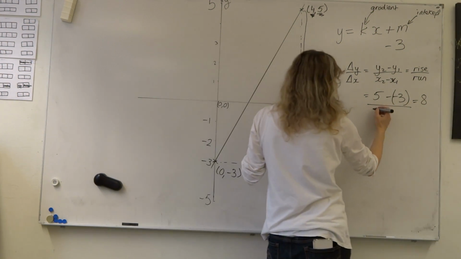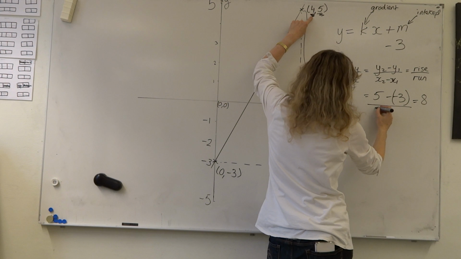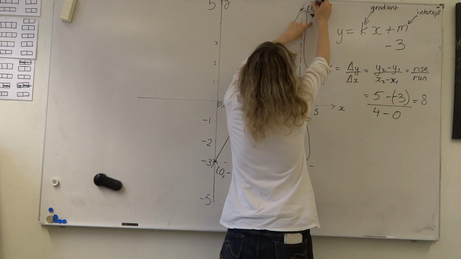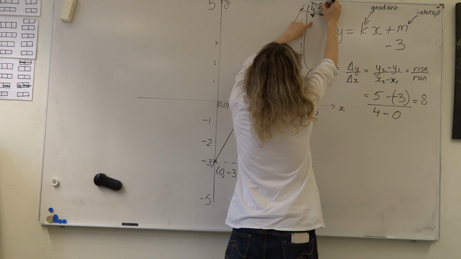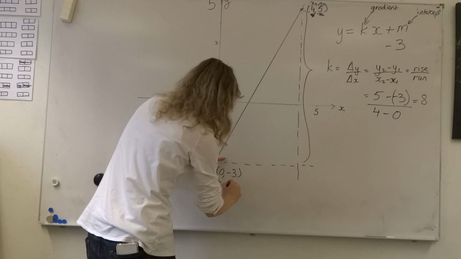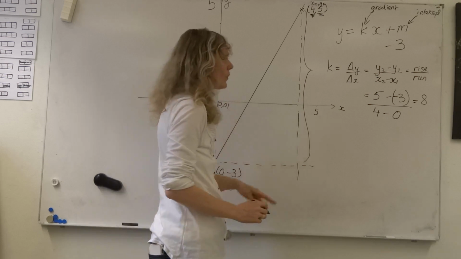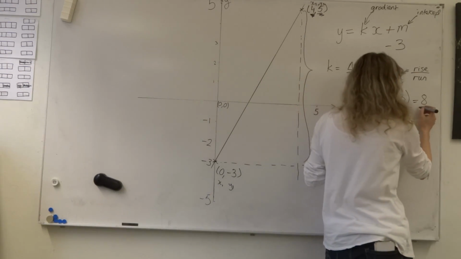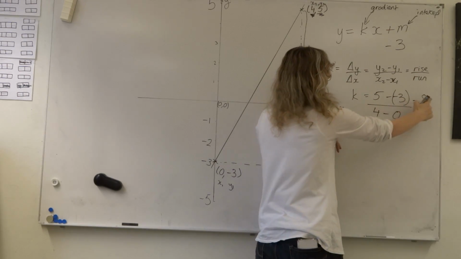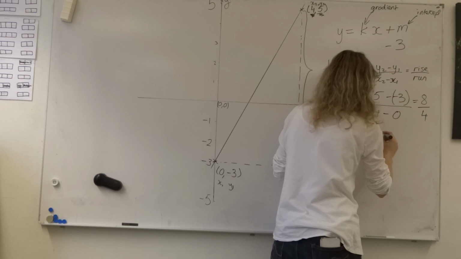So the difference in x is 4 minus 0. This one up here is x2, y2. And this one down here, our first point, is x1, y1. 4 minus 0 is 4. So we get that the gradient, k, is 8 divided by 4, which is 2.